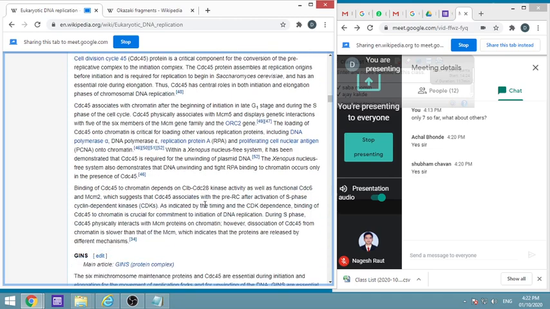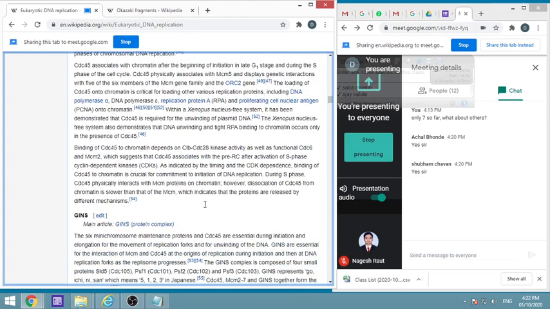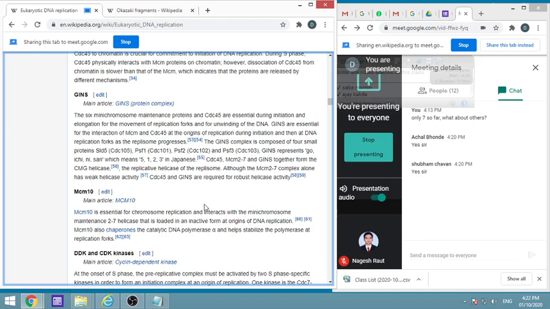Another protein complex is GINS, which plays an important role, and it is composed of four small proteins: SLD5, PSF1, PSF2, PSF3.